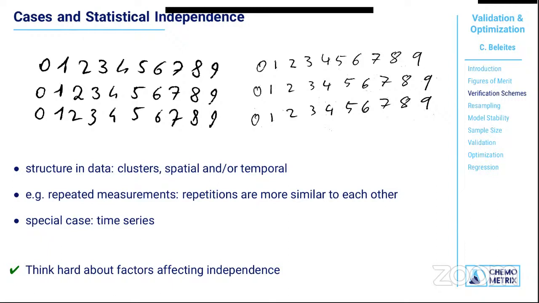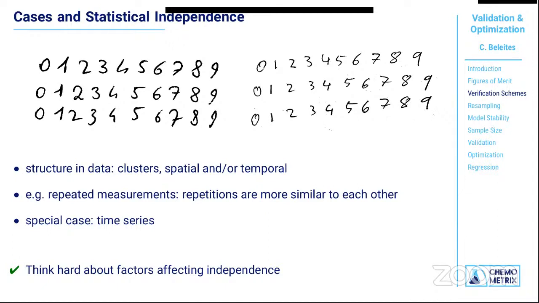Why am I emphasizing this so much? We have in practice very frequently the situation that our data is structured, and not only according to the classes that we want to predict or the continuous metric that we want to predict in the regression, but there are all kinds of clusters.